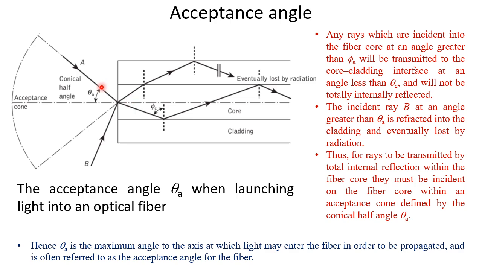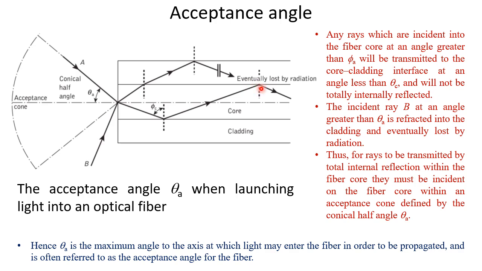Now this theta A angle is such that this particular ray will be incident on the core cladding interface at an angle slightly more than the critical angle. So most of the power, rather all the power, will be reflected back, and eventually it will go to the other side.